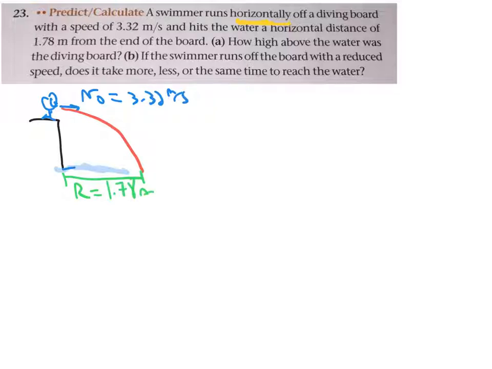That's the horizontal distance, so this is R. And then what we're interested in is the vertical distance down, which I'm going to symbolize with H, and I don't know its value. That's actually what I'm looking for. We're trying to find H, at least in part A. So let's dive into this, if you'll forgive the pun.